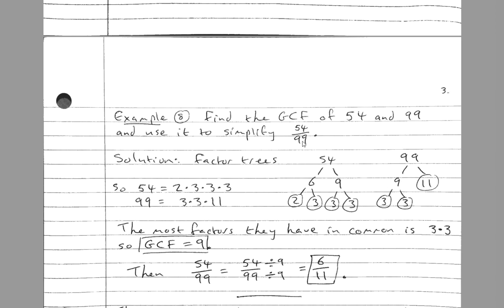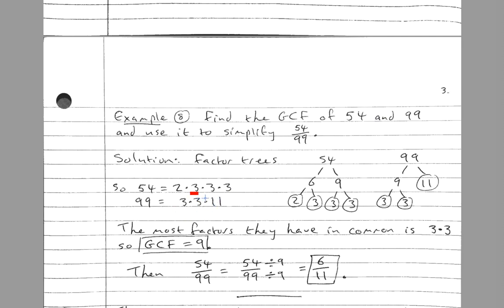How about 99? It's divisible by 9, so 9 goes into 99 11 times. 11 is prime, but 9 is composite. It's 3 times 3. So the prime factorization of 99 is 3 times 3 times 11. What are the primes they have in common?